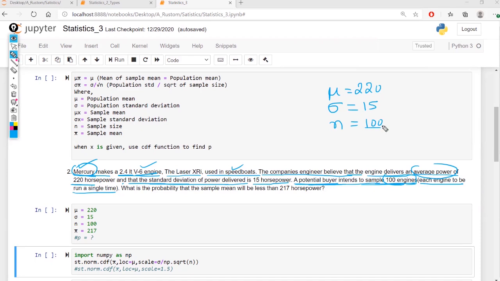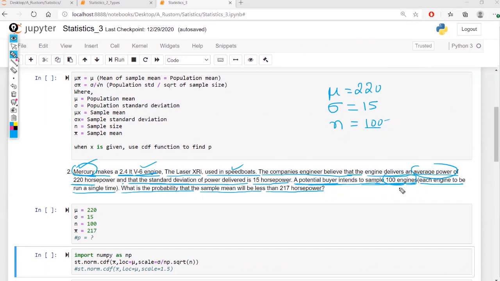Then only I will be able to understand the horsepower and things like that. So he wants to run all these 100 engines. So the question is, what is the probability that the sample mean will be less than 217 horsepower?